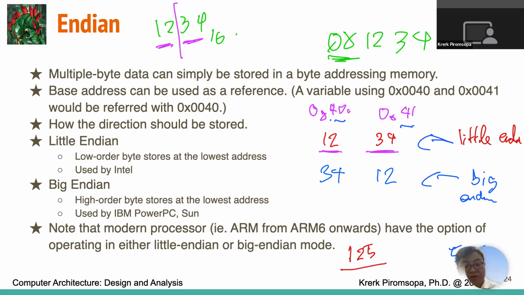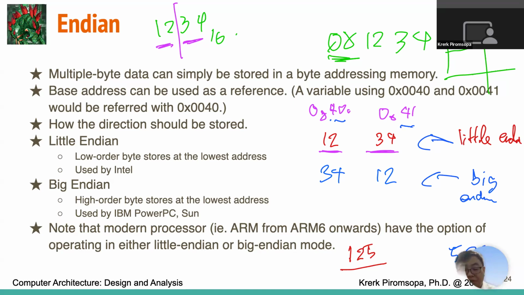In memory, you have to address each byte. This is number 40, so the next byte would be 41, the next byte would be 42, and so on. So you write 1, 2, 3, 4, or 1, 2, 3, 4 the other way, like this. They have different names for it, little endian and big endian.